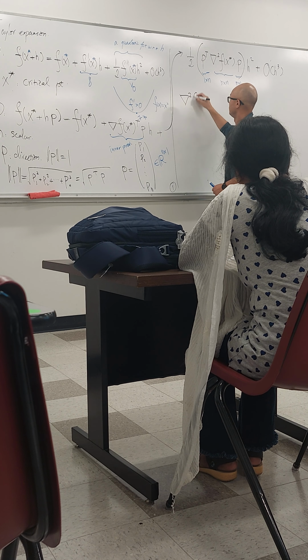Last time we computed the Hessian. The Hessian matrix is partial f partial x twice.